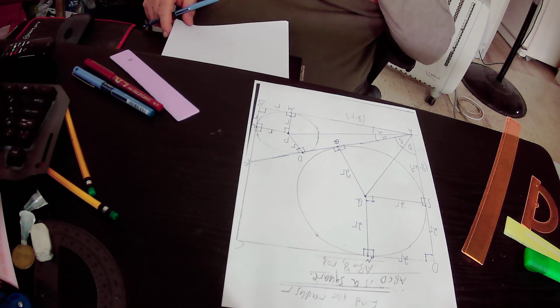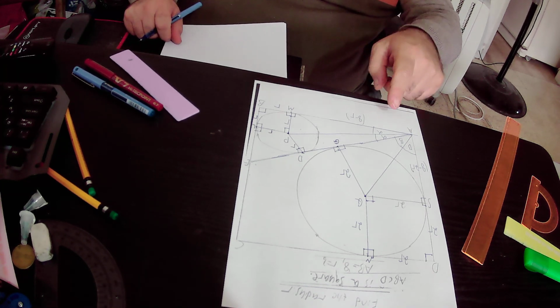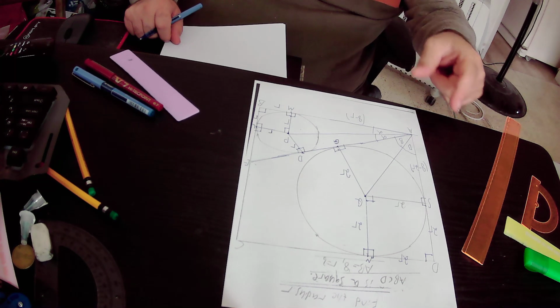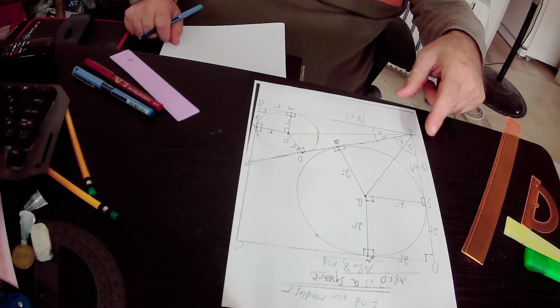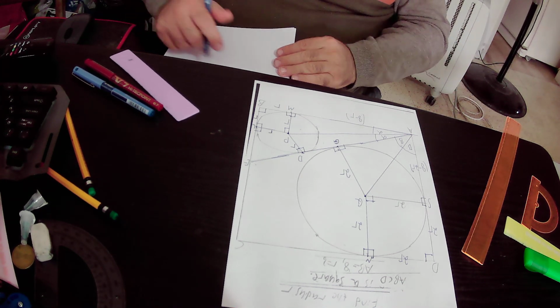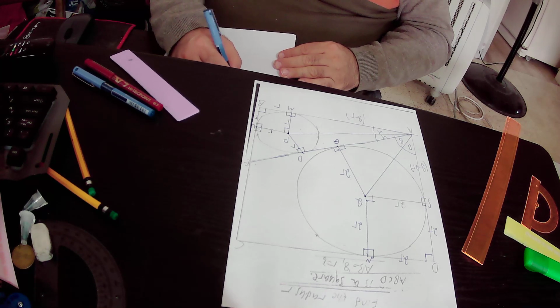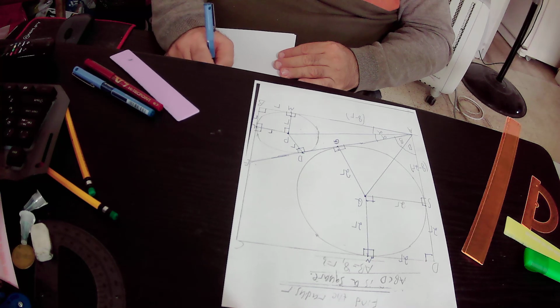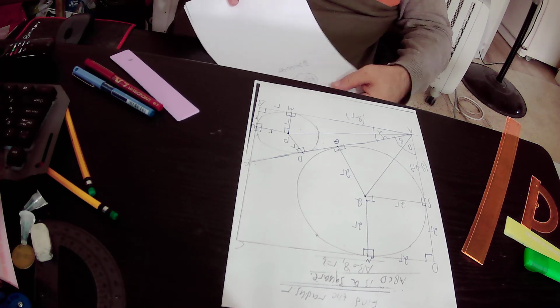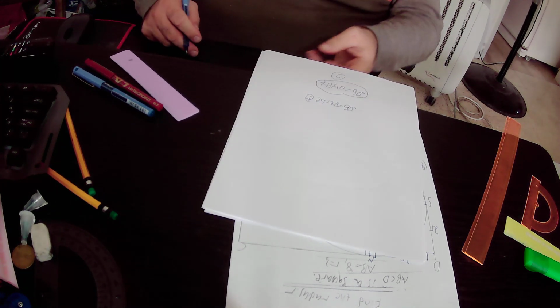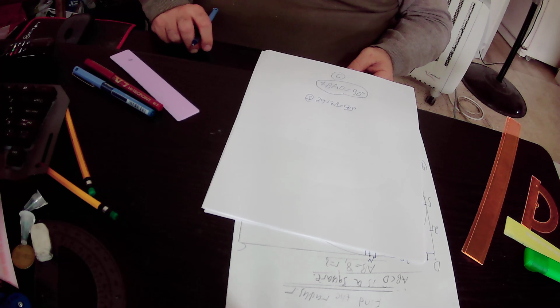So we can write that alpha plus beta equals the size of angle BAD, that equals 90 degrees. So the first equation is 2 alpha plus 2 beta equals 90 degrees. This is equation number 1.